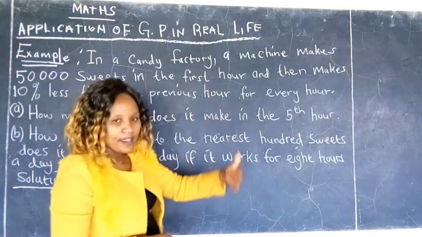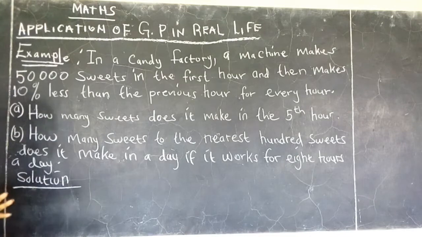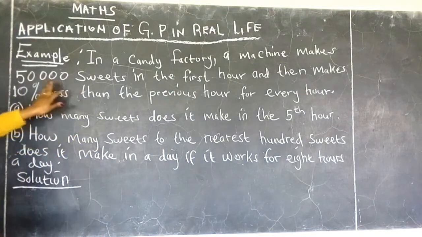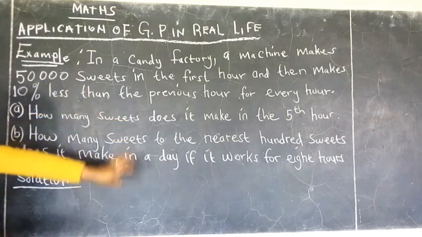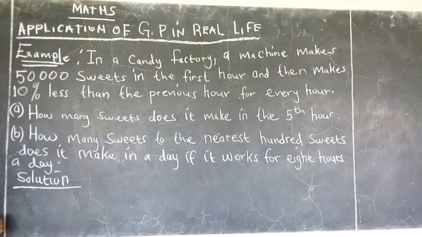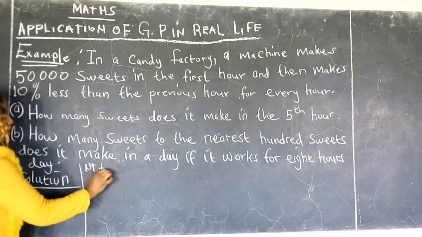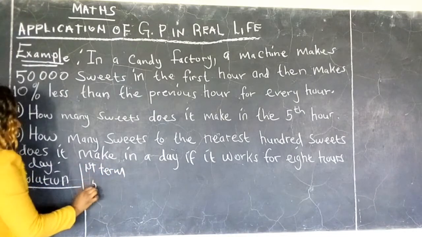hour for every hour. So we know that whether it is a GP, whether it is an AP, we have the first term. And in our case here, the first term, which is A, is 50,000 sweets.